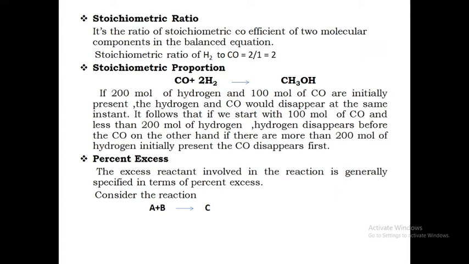Stoichiometric proportion is explained with one example. Consider CO + 2H2 gives CH3OH. This reaction is a correctly balanced reaction. This is called the stoichiometric equation. If 200 moles of hydrogen and 100 moles of carbon monoxide are initially present, what will happen?